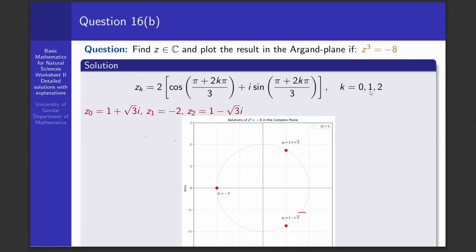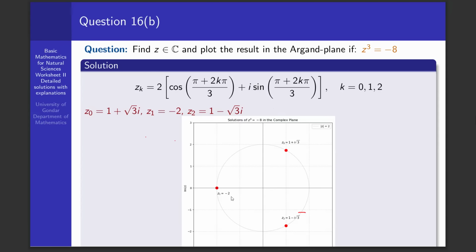Similarly, the last one, k is equal to 2, 2 times cosine of pi plus 2 times 2, that is 4 pi over 3, which is 5 pi over 3 plus i times sine of 5 pi over 3. Therefore, cosine of 5 pi over 3 could be, I think, 1 over 2, and sine of 5 pi over 3 could be negative radical 3 over 2. When we multiply both sides by 2, we have 1 minus radical 3 i, so that we have 3 roots.